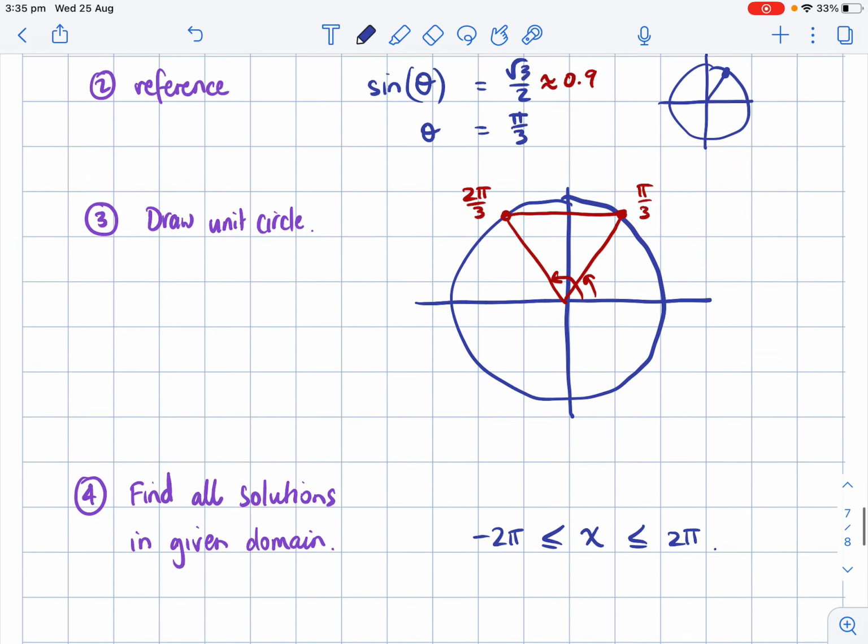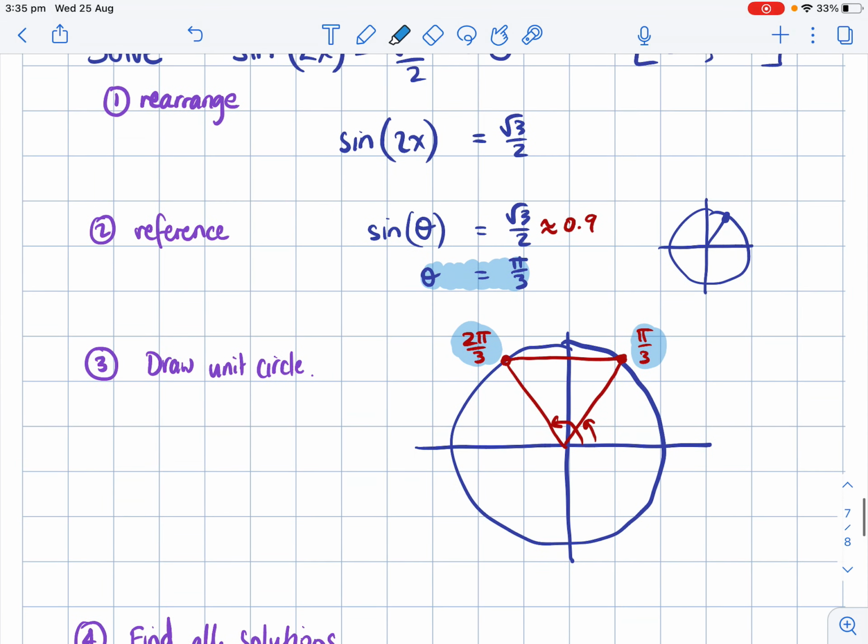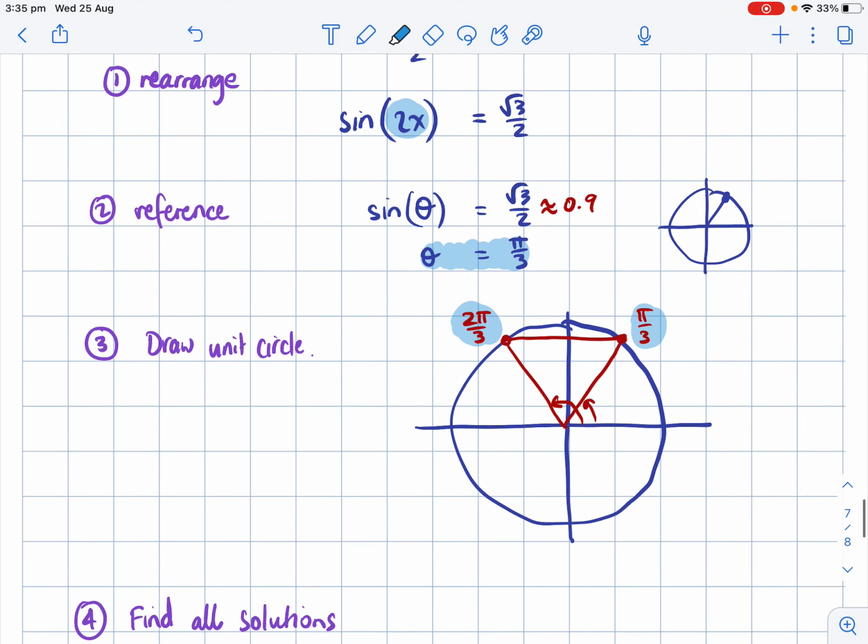Now these two solutions up here have been based entirely on my reference angle of theta. But I don't want theta. I'm trying to find out what x is. And in my equation, it's actually 2x.